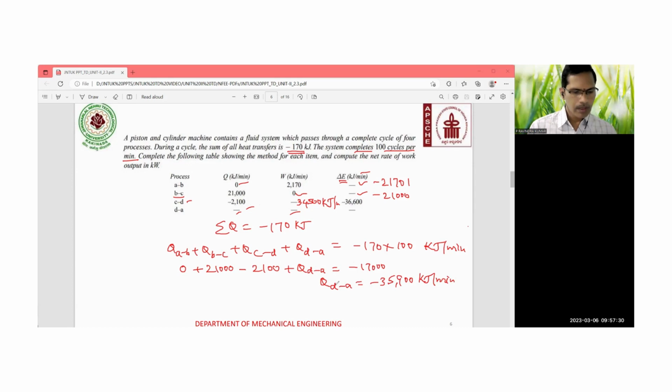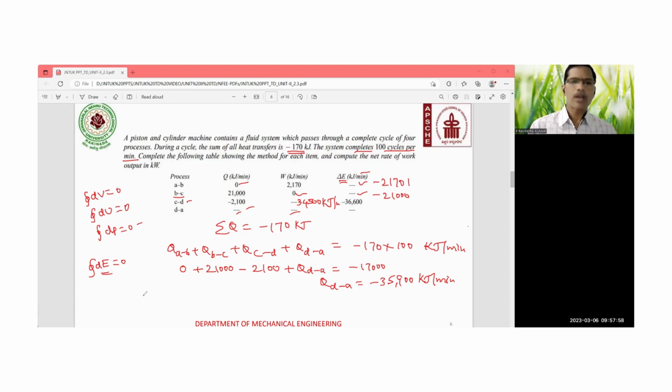Once after getting this Q D to A, the cyclic integral of dE is also equal to 0. The cyclic integral of any property is equal to 0. We have already covered that: the cyclic integral of dv is equal to 0, of du is equal to 0, of dp is equal to 0, dh is equal to 0.